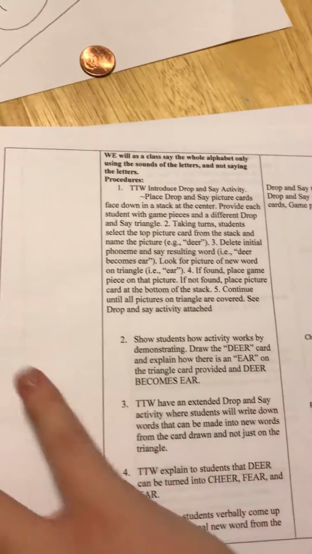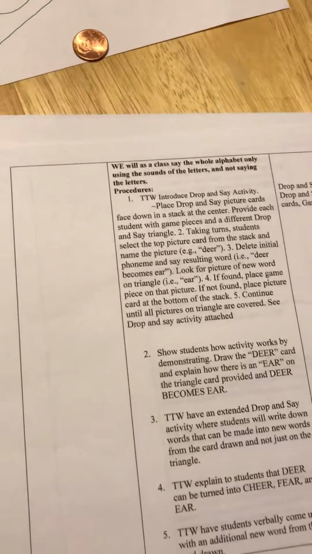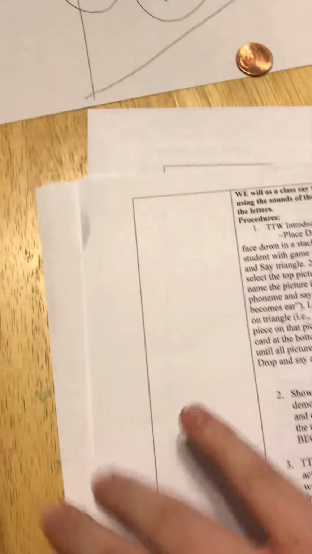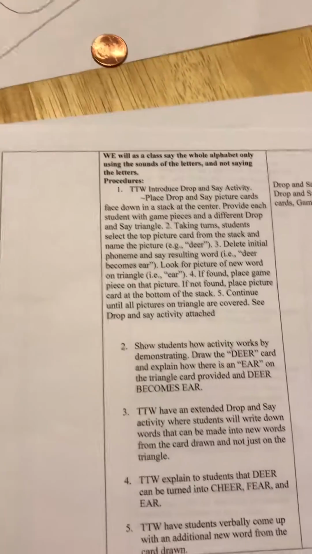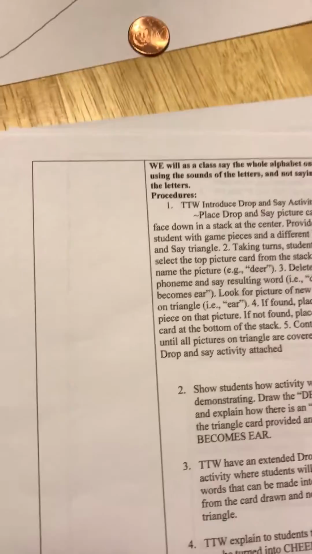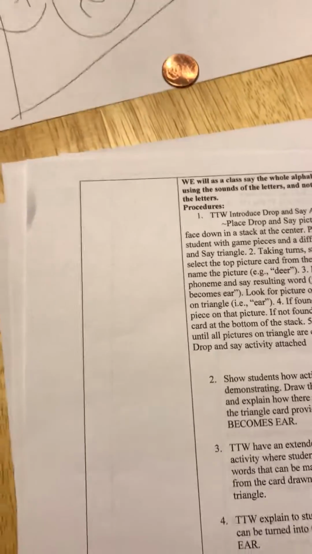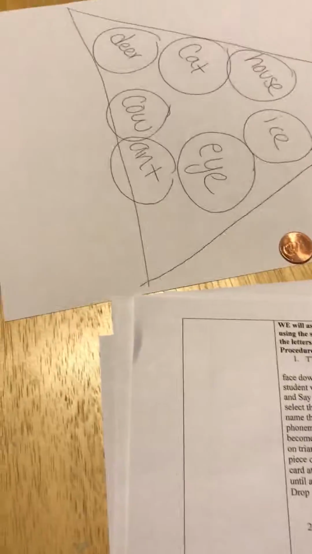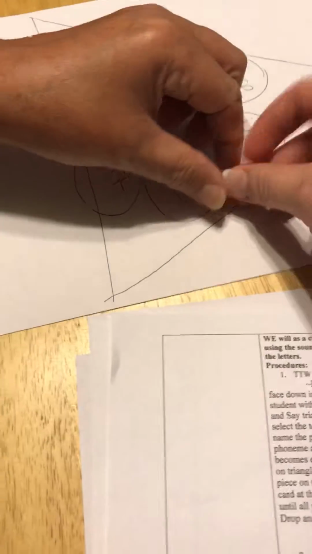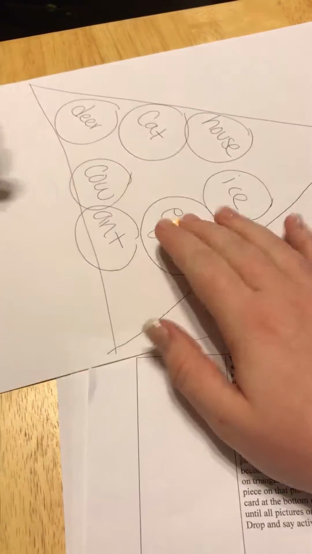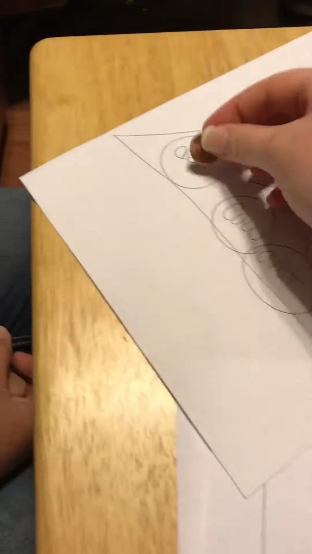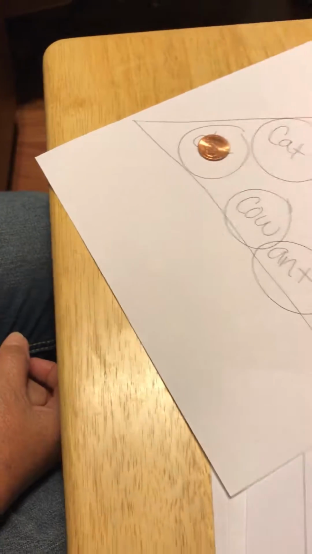When we draw the word deer, if we subtract the D, then we would sound that out, d-ear, and we would hear the word ear. So if we subtract the D from the word, we get the word ear. And so the students will then place a penny or whatever coin we have on the ear word.